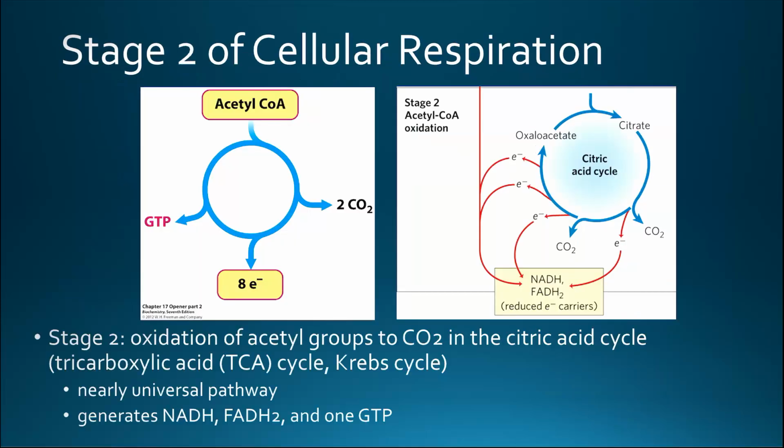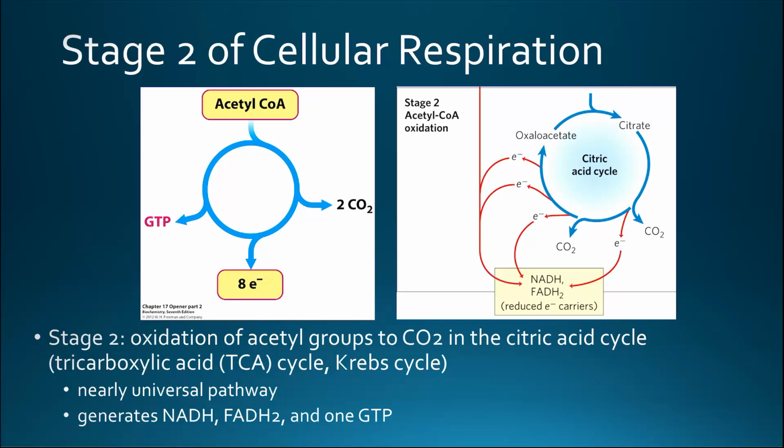The citric acid cycle then is sometimes called the next stage of cellular respiration, and then the final stage being the electron transport and oxidative phosphorylation. These two stages, the citric acid cycle and electron transport oxidative phosphorylation, take place in mitochondria.